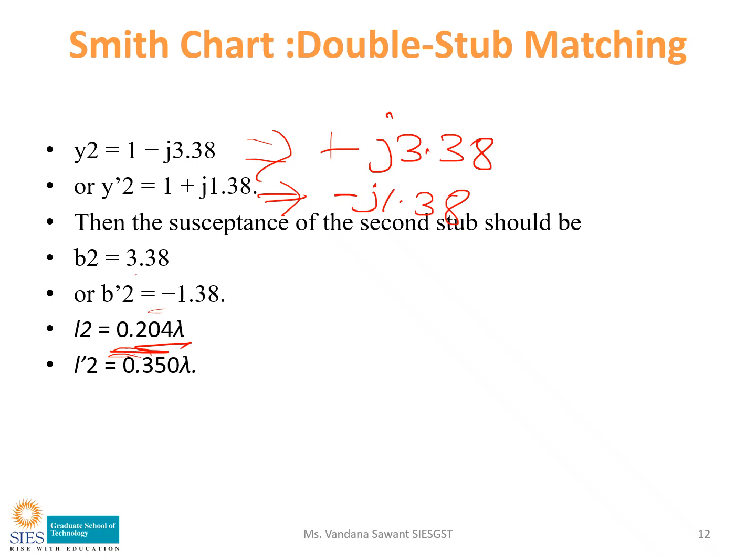So likewise we have designed both the stubs, that is L1 and L2, as well as the second possible solution, L1 dash and L2 dash. Likewise we can do the double stub design.